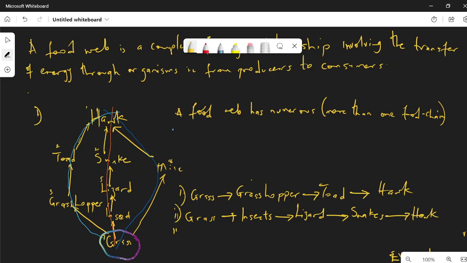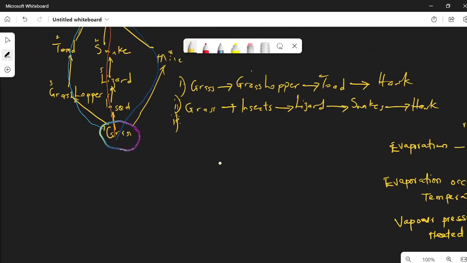And then the third one, we have grass to mice, and then to hawk.